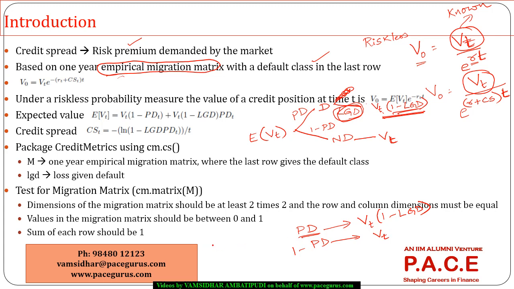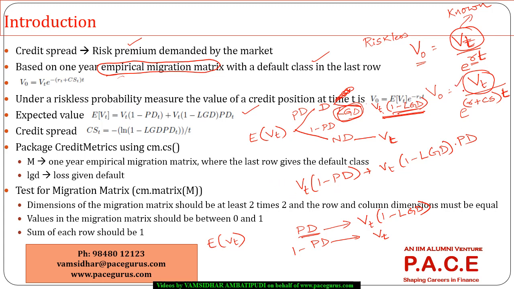Based on this, I can easily find out my expected value of Vt, which is Vt into 1 minus PD plus Vt into 1 minus LGD into PD, the probability of default. So this is my expected value.